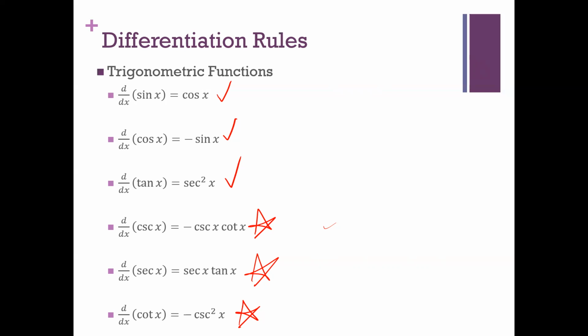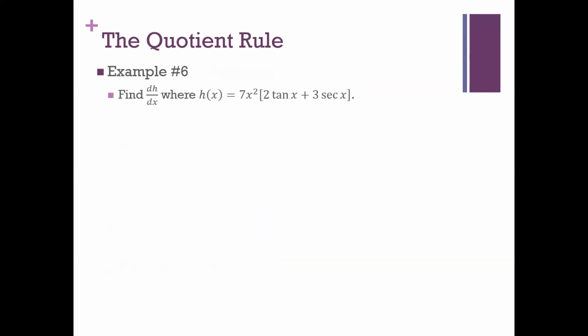Anything else? All right. How about this thing? I want to find dh/dx given that definition of h of x. What do I have to do here? Do I need the product rule?